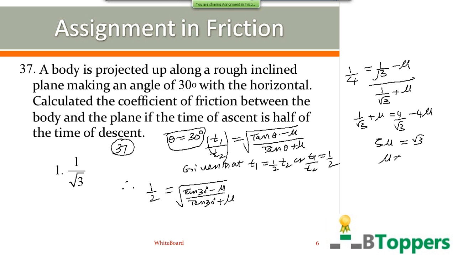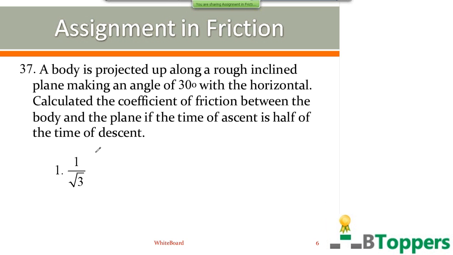So you get the coefficient of friction between the block and the rough inclined plane as root 3 by 5. So the answer is root 3 by 5. So for question number 37, the fourth option is the answer.